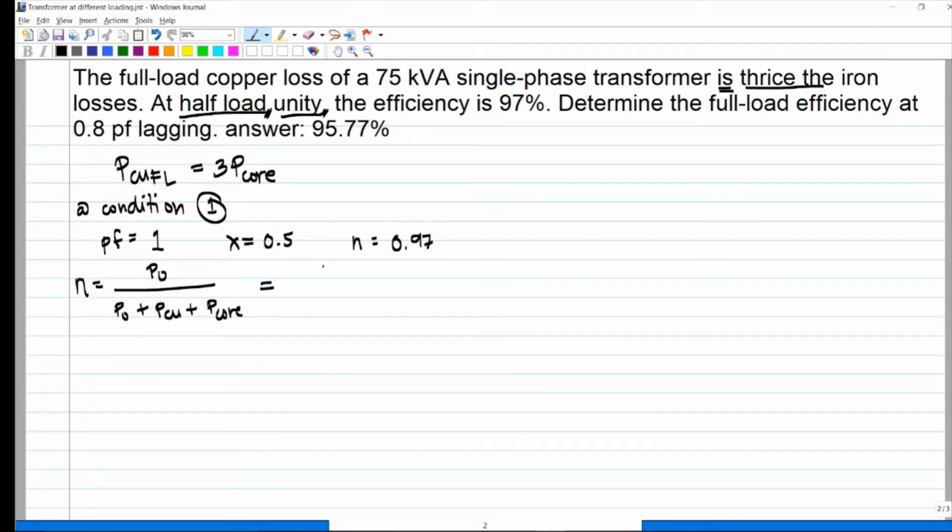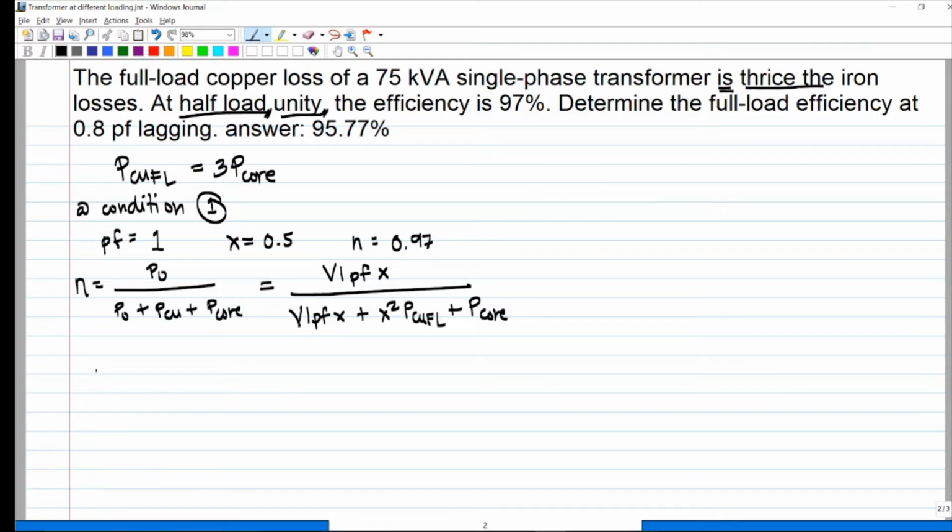Yung PO natin, ayan ay magiging VI, PF times X divided by VI, PF times X. Yung PCU natin, that is X squared PCUFL plus P core.